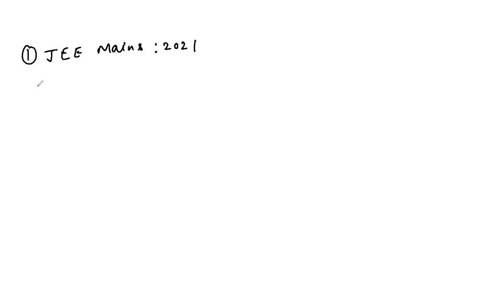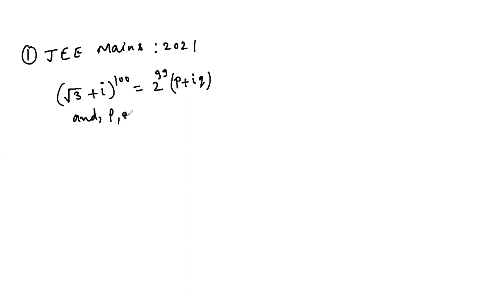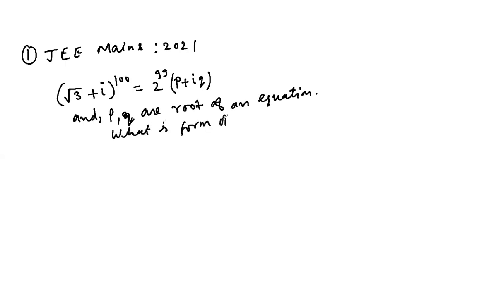The problem from complex numbers is you have a relation given: (root 3 plus iota) raised to power 100 is equal to 2 raised to power 99 into the complex number (p plus iota q), and p and q are roots of an equation. Now the question is, what is the form of the equation? Okay, so let's start solving the question.